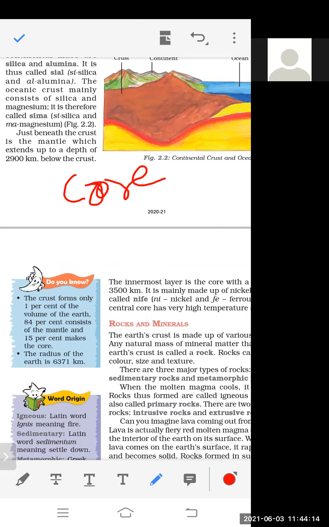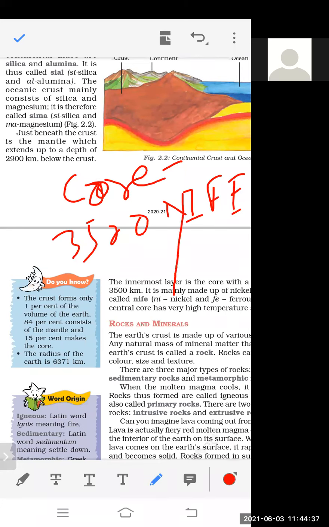Core is from 2900 to 3500 kilometer, there is a separate layer and it is known as core. It is also known as Nife. Nife means Ni stands for nickel and Fe stands for ferrous.